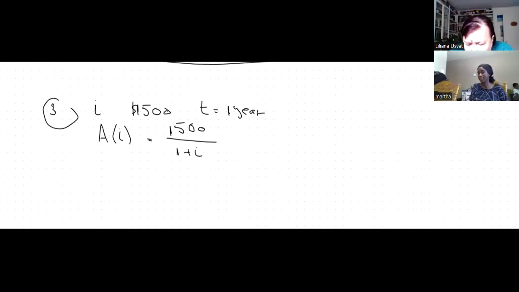Determine the domain and the range for this relation. So we are at problem number 3.